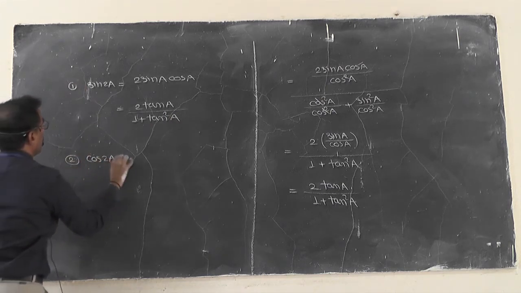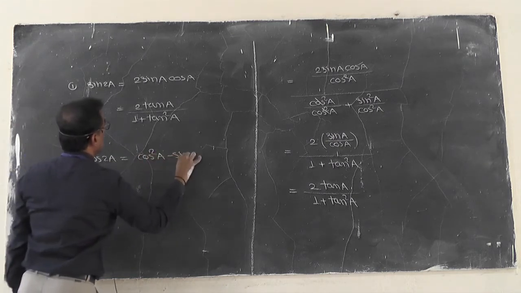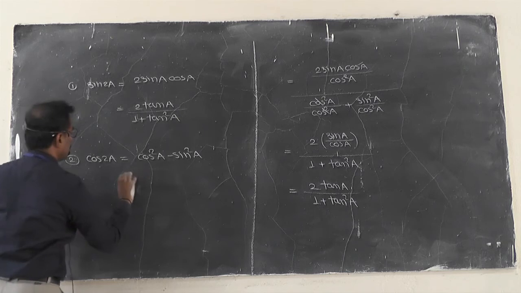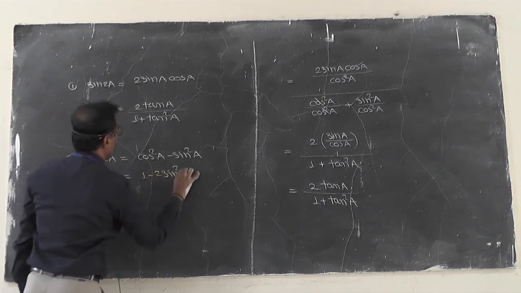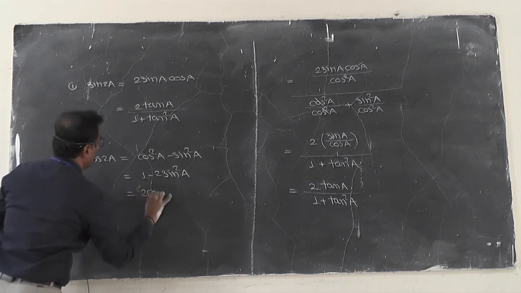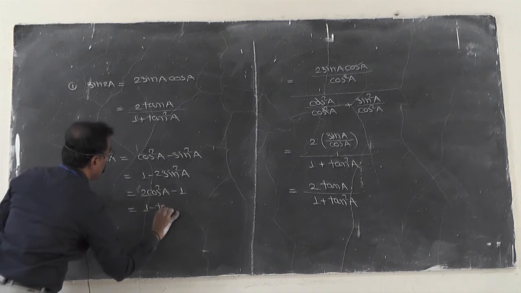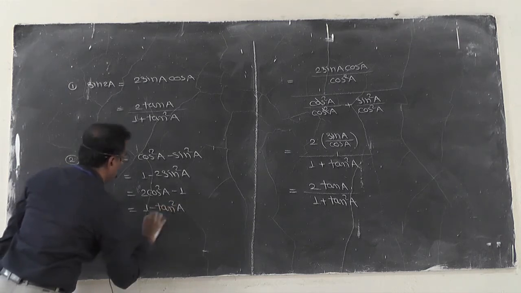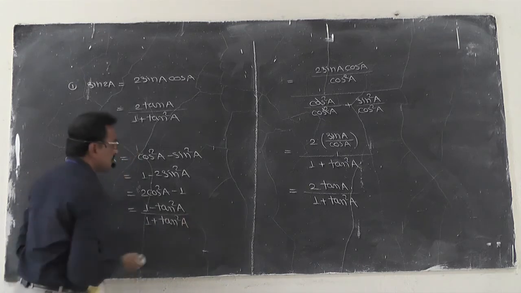After that we have cos 2a. It has 4 formulae. Cos square a minus sin square a. Second one is 1 minus 2 sin square a. Third one is 2 cos square a minus 1. Fourth one is 1 minus tan square a upon 1 plus tan square a.